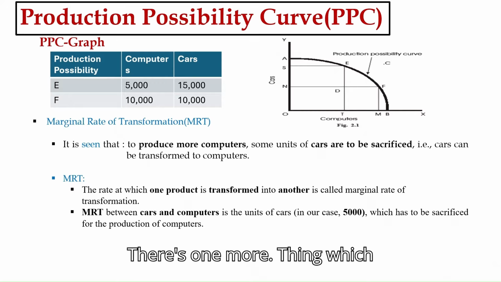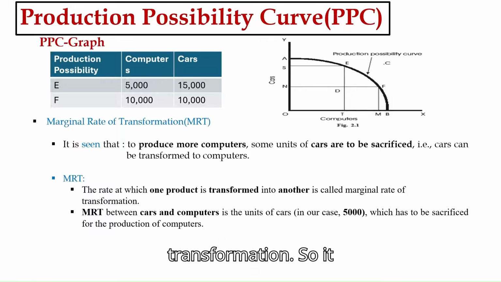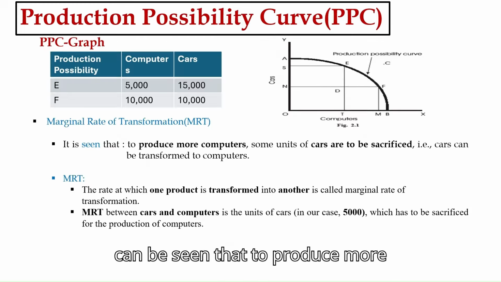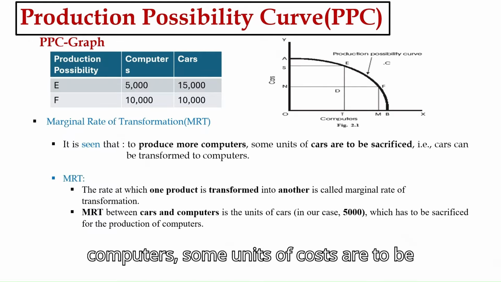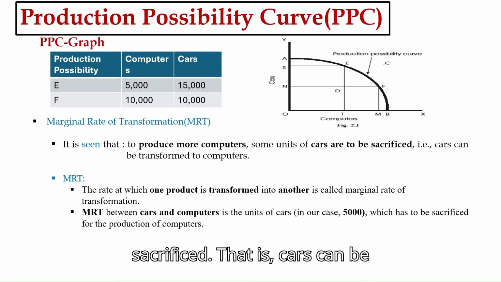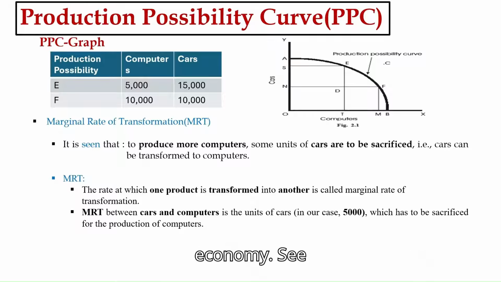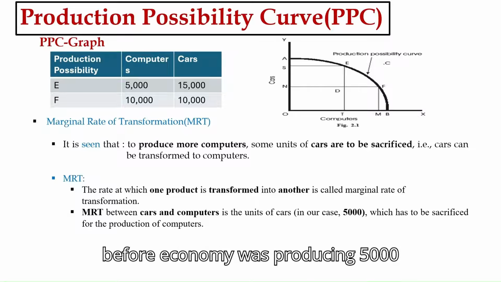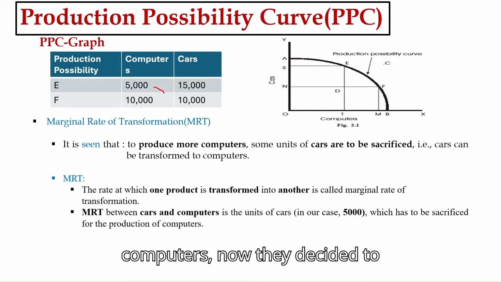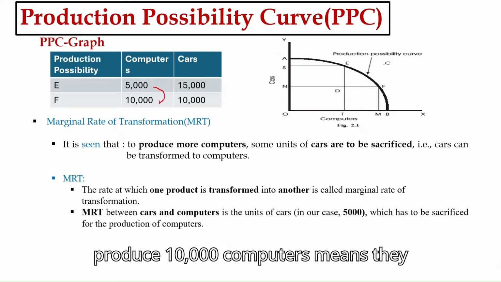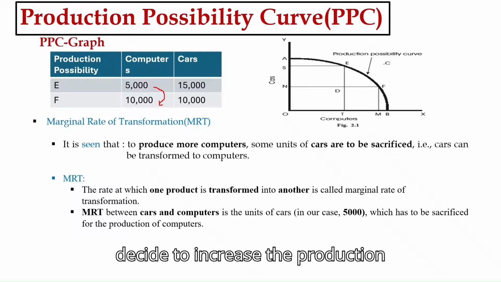Now, there is one more thing which we call the marginal rate of transformation. It can be seen that to produce more computers, some units of cars are to be sacrificed. That is, cars can be transformed to computers. See here in our table, if before the economy was producing 5,000 computers, and now they decided to produce 10,000 computers, it means they decide to increase the production of computers.